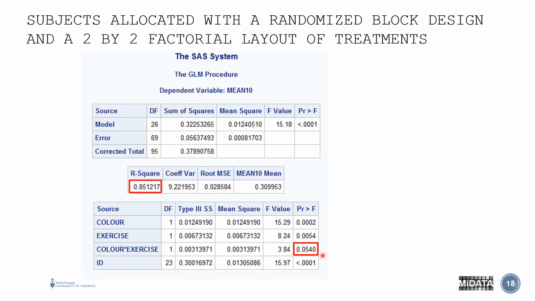This time it is close to significance. So 0.0540 is quite close to significance. So that's very reassuring. Would it mean that it's perfect? No, it would be perfect if it was completely significant. But in this case, it's definitely worth moving forward and looking at the pairwise comparisons.